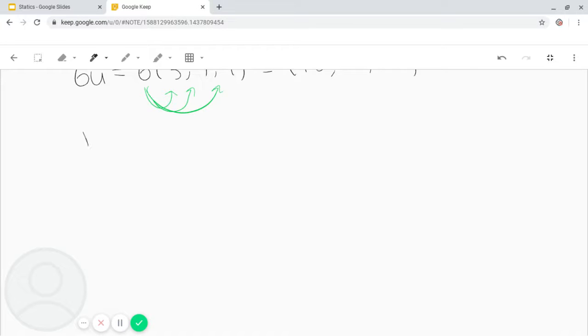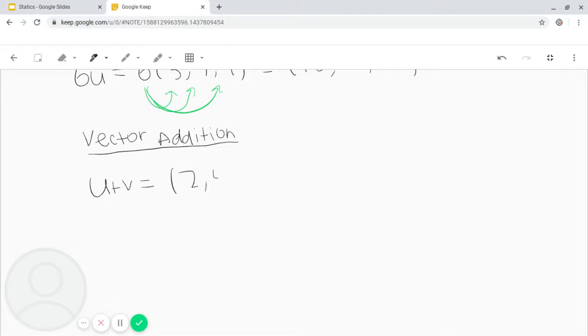Vector addition is next. So if we want to evaluate u plus v, all we have to do is add the components. And in this case, conveniently, they are already laid out in x and y components, which means we don't need to change them into x and y components.